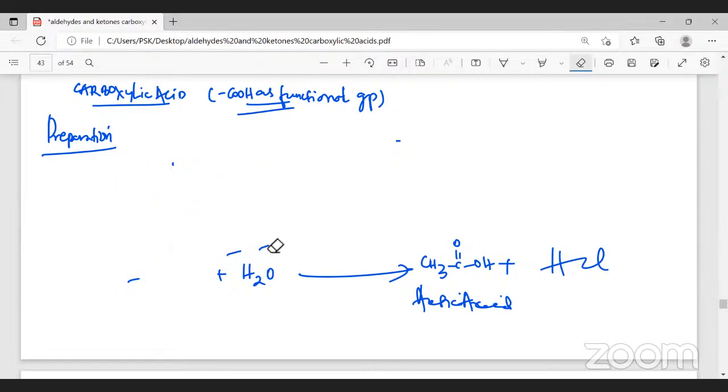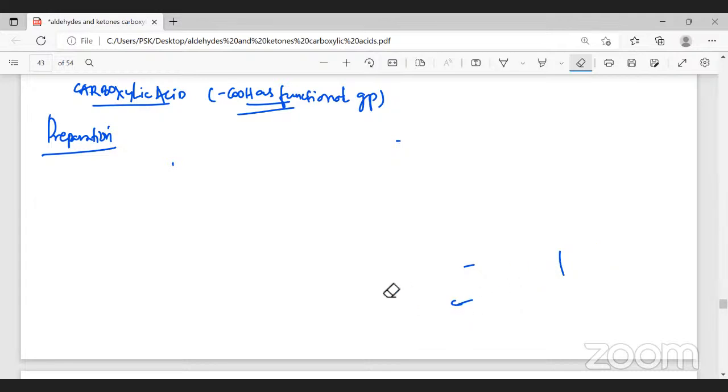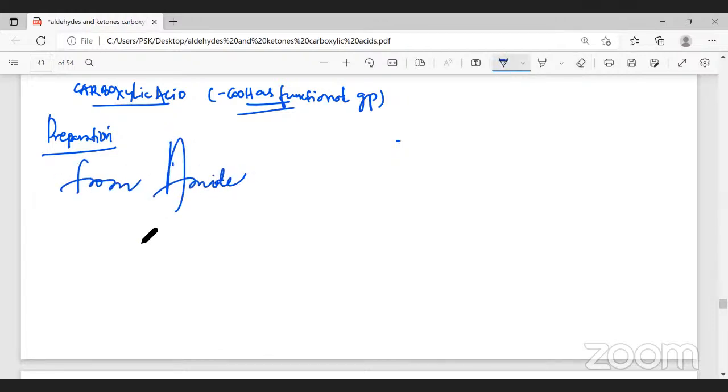The last method of preparation of carboxylic acid in our prescribed syllabus is from amides. Amides are organic compounds which contain the CONH2 group.